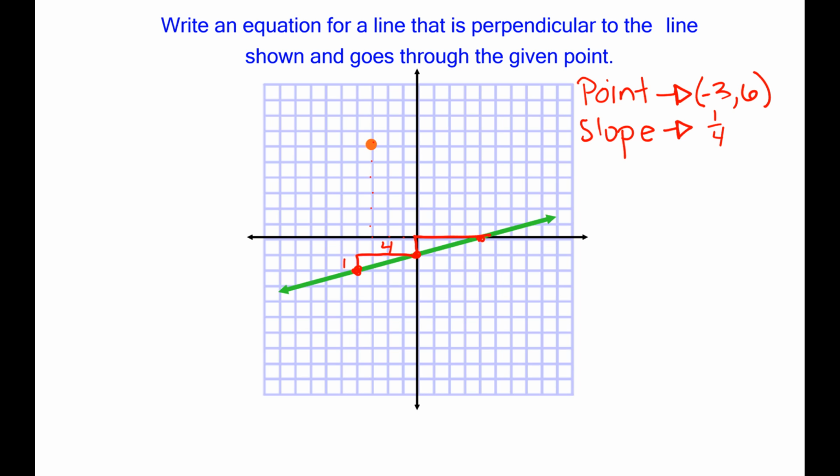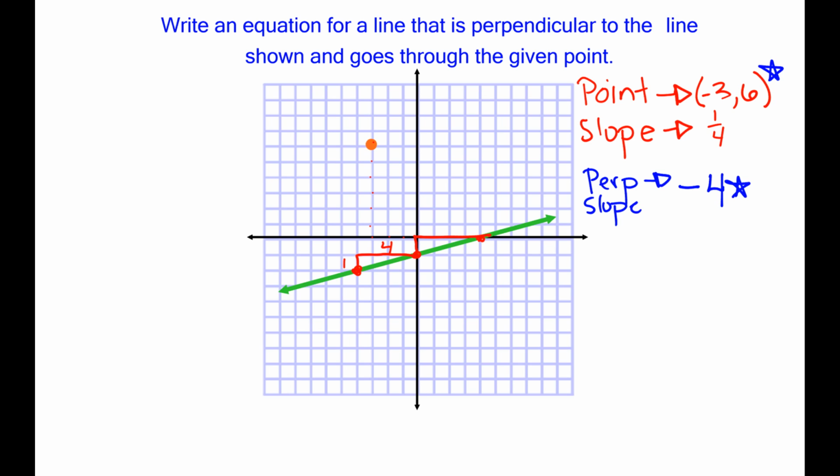Now the perpendicular slope is going to be the opposite reciprocal. The opposite reciprocal of 1/4 is going to be a negative, because that one was positive, and then the reciprocal of 1/4 is 4. So I'm going to be using this point and this slope in the slope-intercept form.